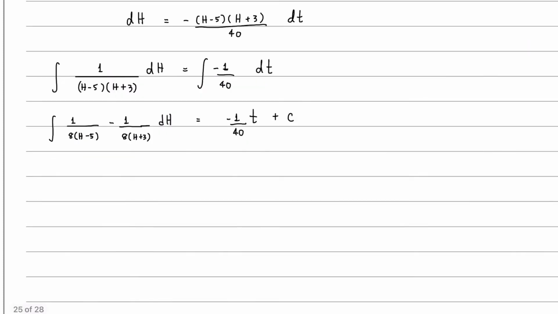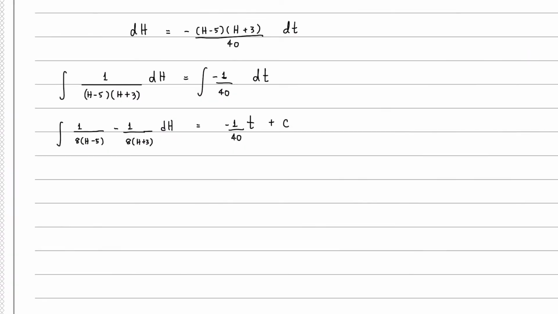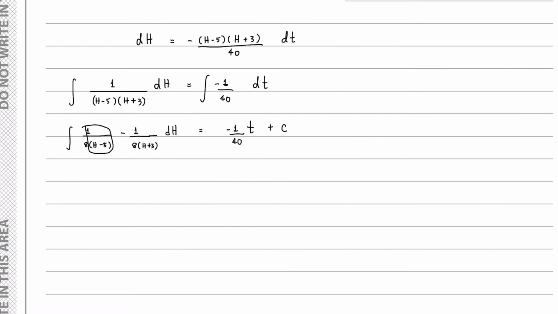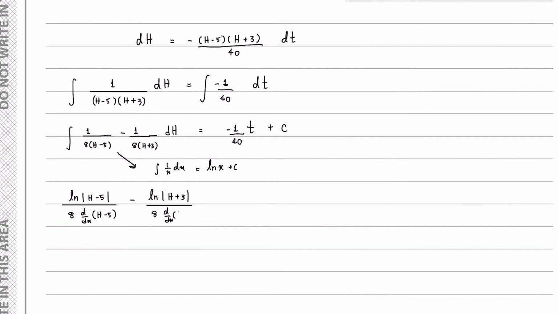Let's integrate the left-hand side. h is just a constant. We are going to focus on this term only. It is 1 over something, so when you integrate 1 over something, or 1 over x, it is ln x plus c. We apply this formula. So the first term will be ln h minus 5 divided by 8, and don't forget to differentiate this, d by dx of h minus 5, minus ln h plus 3 divided by 8, d by dx of h plus 3.